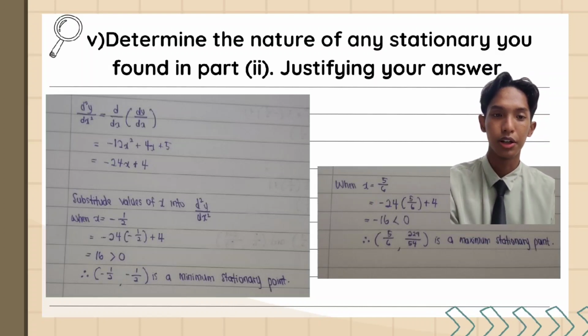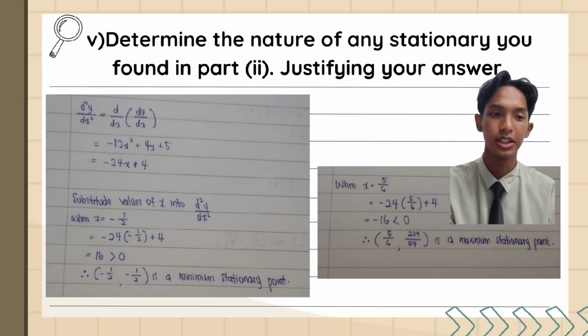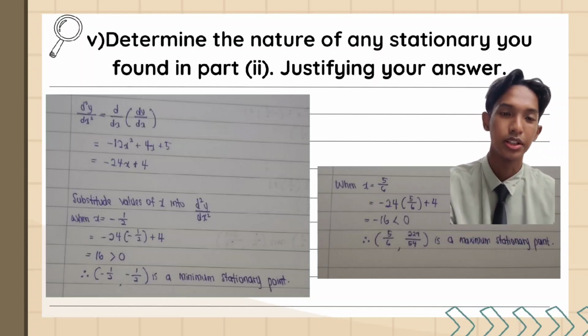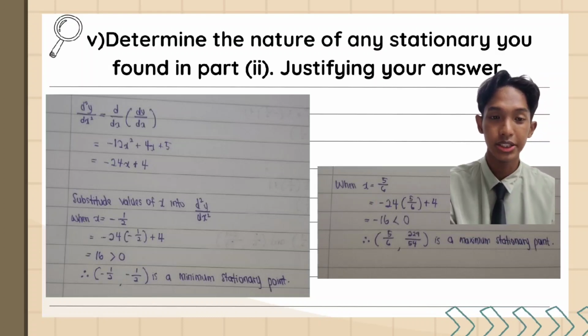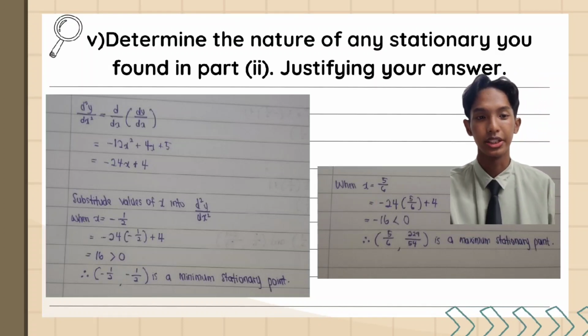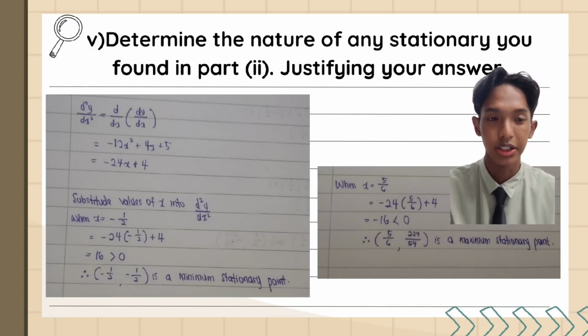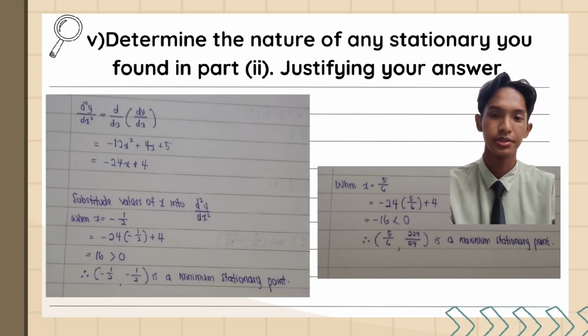When x is negative 1 over 2, we get the answer is 16, which is greater than 0. So the coordinate negative 1 over 2 and negative 1 over 2 is a minimum stationary point. Next, when x is 5 over 6, we get the answer is negative 16, which is smaller than 0. So the coordinate 5 over 6 and 229 over 54 is a maximum stationary point.